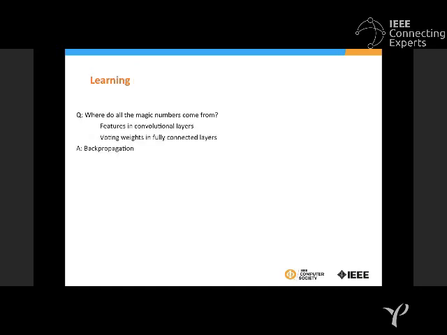Okay, so what we learned here is that obviously the learning process settles down the features in the convolution layers. And then obviously we also have to learn the weights from the outcome of the convolution layer, so that they can give a very good decision at the outcome of the fully connected layer. So this requires obviously training data, right?